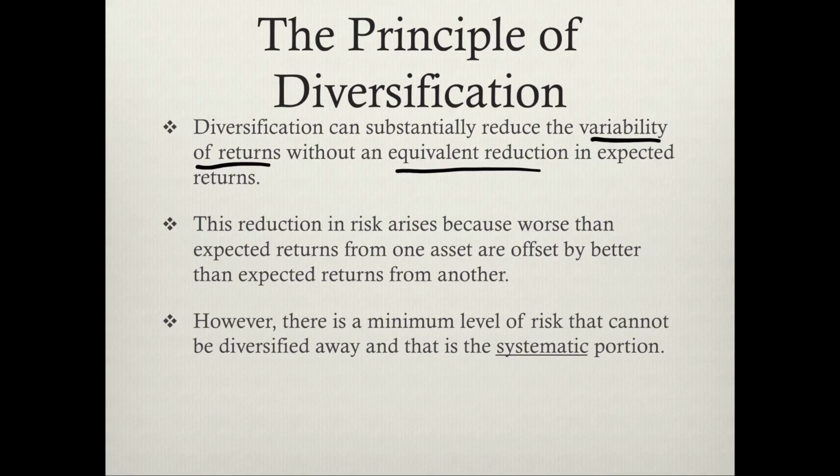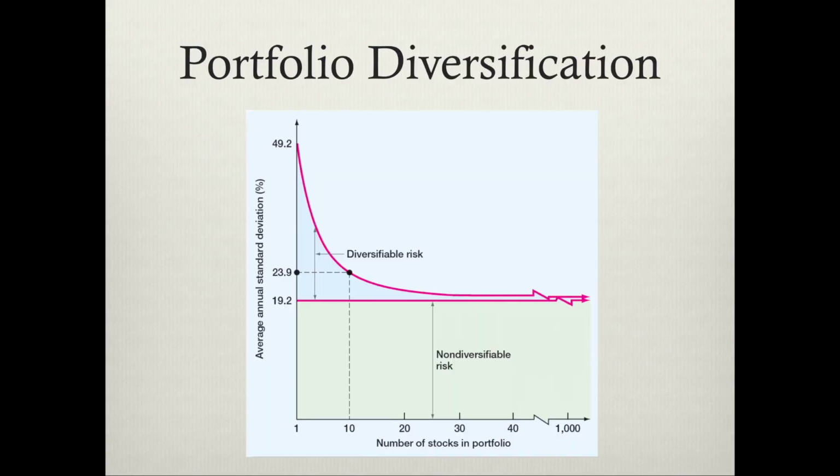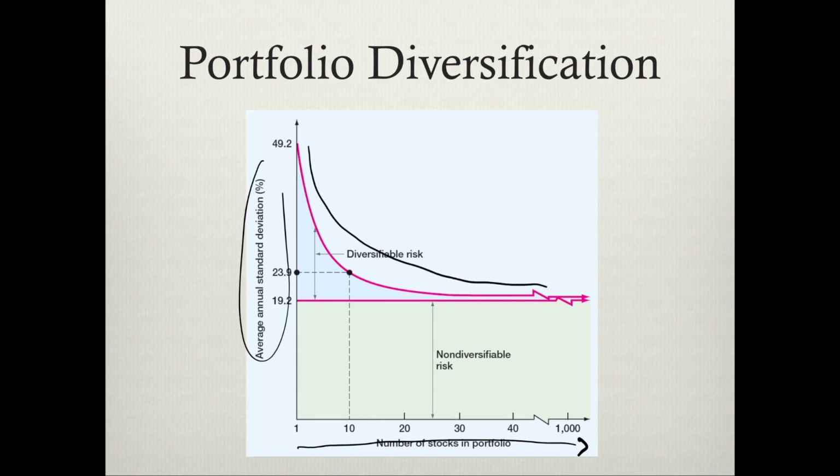So taking a look at a chart of the previous information, discussing the standard deviation of a portfolio and how it decreased as we increase the number of securities in the portfolio, we can see that as we increase the number of stocks in the portfolio, our standard deviation decreases.